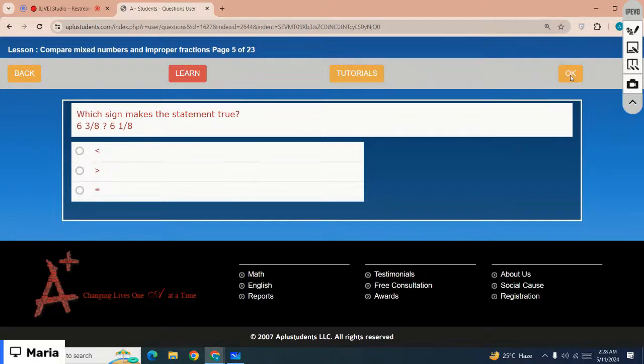Which sign makes the statement true? 6 whole 3 by 8. You have to compare it to 6 whole 1 over 8. So, which is the correct option?